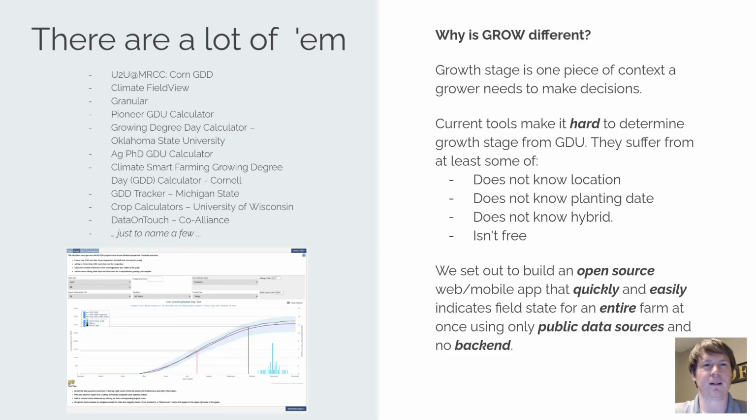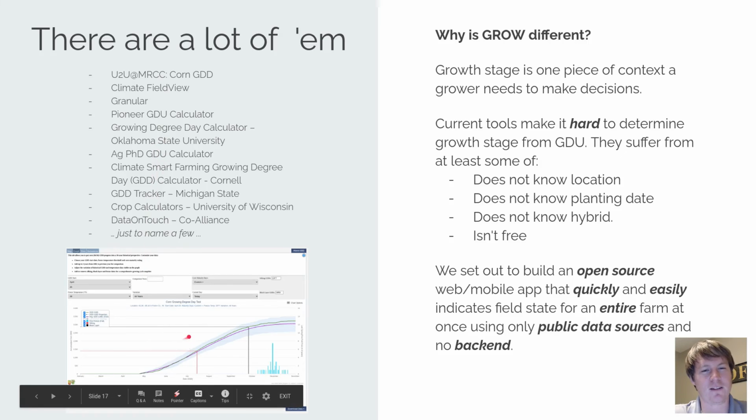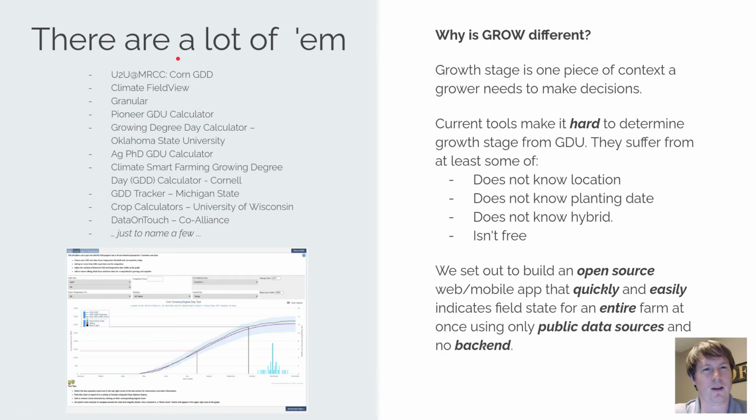There are a lot of them out there. This is just the beginning of a long list. And they all tend to do the same sort of thing. This right here is a picture of the useful to usable corn GDU tool out of the MRCC. Essentially you put in your plant date, you put in your black layer and your silking numbers, and then it uses a free public data source for weather, the ACIS from the Regional Climate Center, which is actually the same weather data that our Grow app will use.